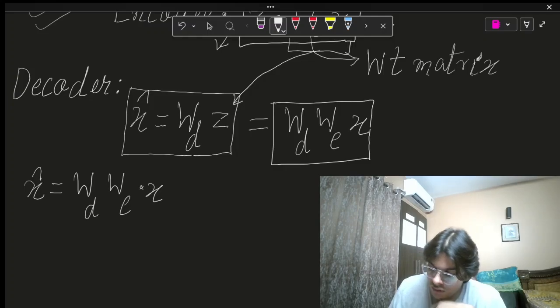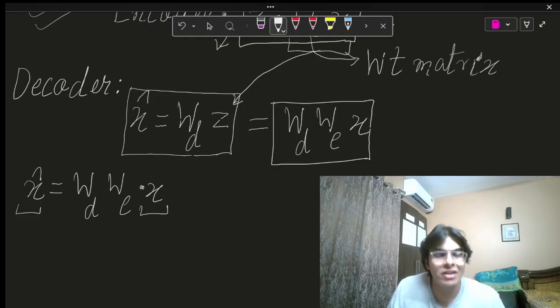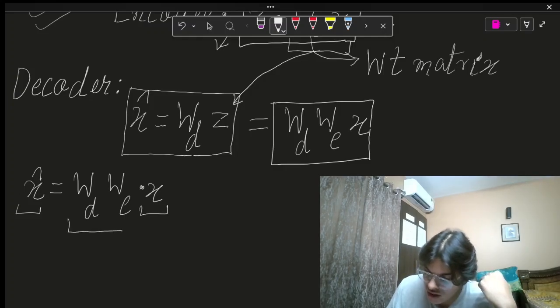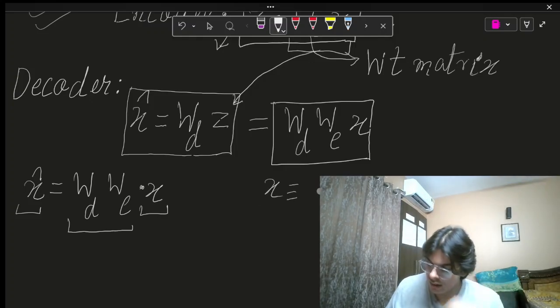What I'm saying is that this is my original data and it has changed to this. How much has it changed by? What are the changes that have occurred? This is the change that has occurred. So x is nothing but the original data we were talking about, the original pixels or the original features, the original dimensions.